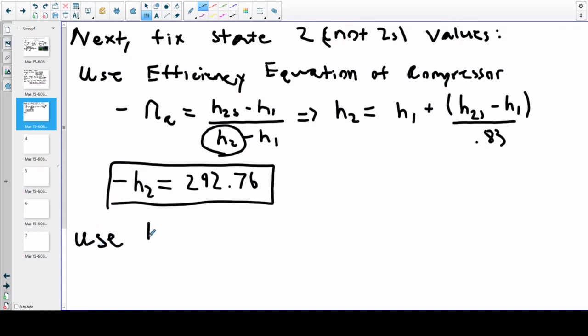Since we know H2, we fix the state, so I have to find all the other values associated with state 2.